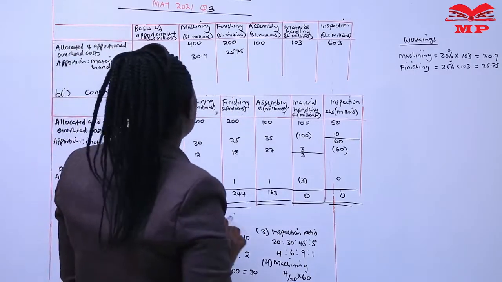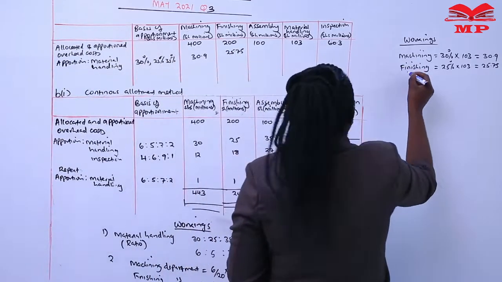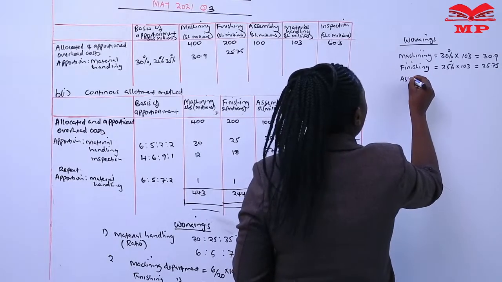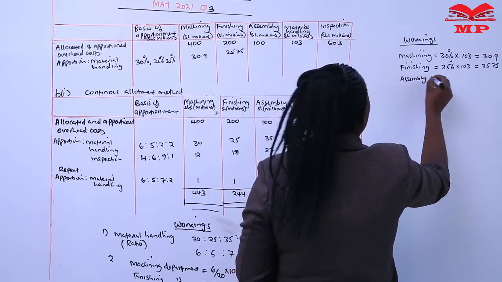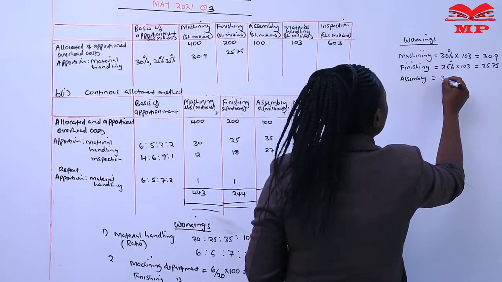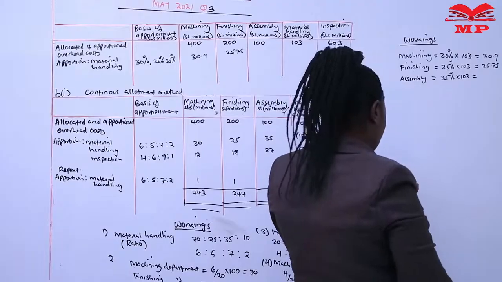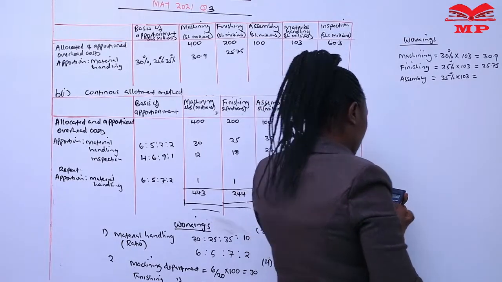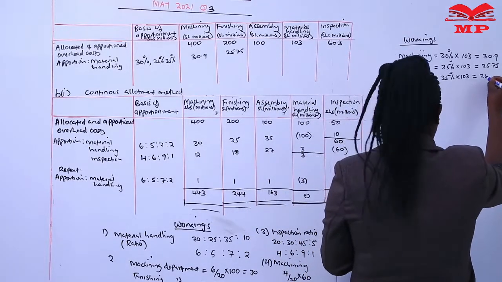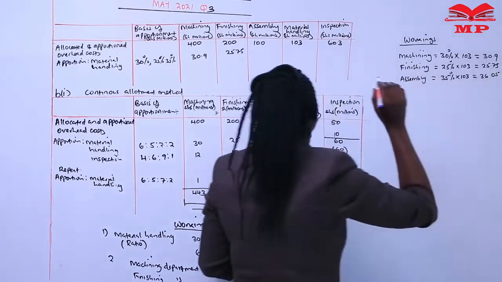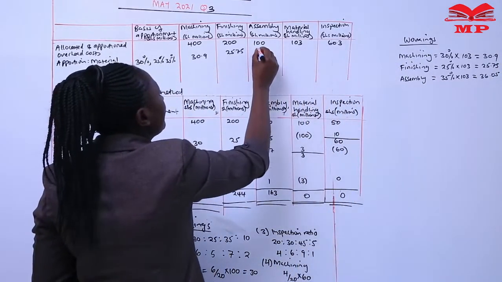And then the last one is assembly, which will be 35% multiplied by 103, and this equals 36.05, which is just equal to 36.